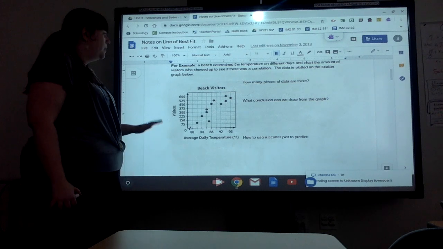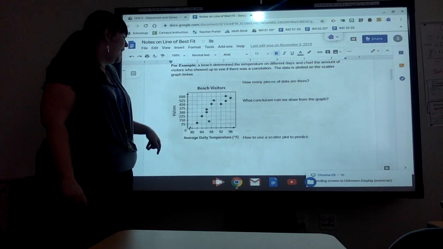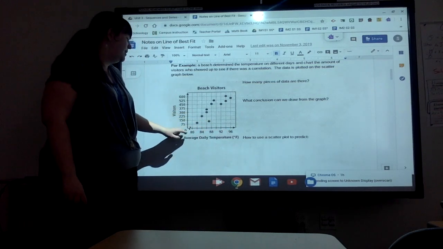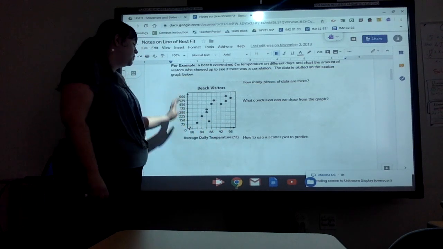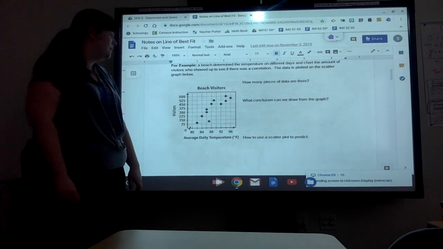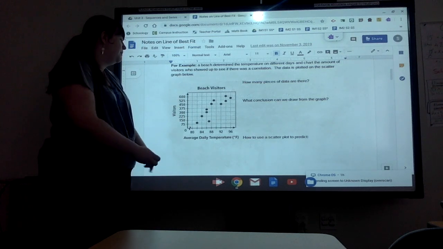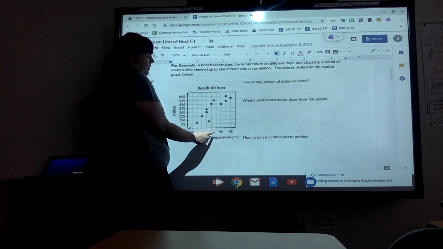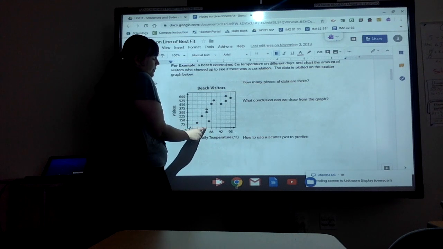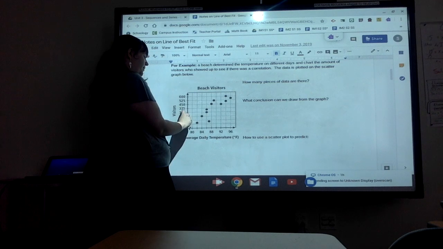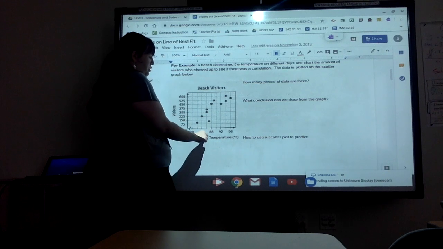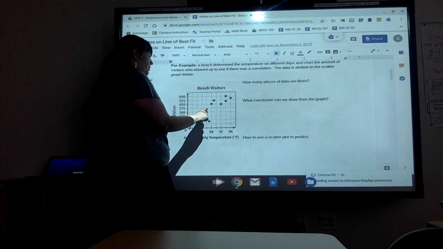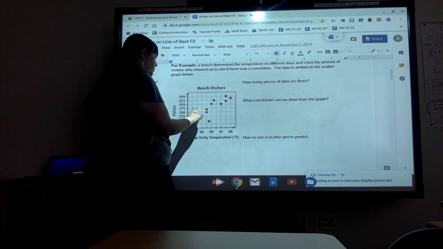So the data is plotted on the scatter graph below. The X is how hot it is outside, the temperature, and the Y is how many people showed up to the beach. Obviously it doesn't follow a strict pattern because, for example, there's one day where it was 86, because between 84 and 88 is 86. There's one day where it's 86 degrees and there's 375 people, and then a different day where it's the same temperature, but there were more people, closer to like 425 people.